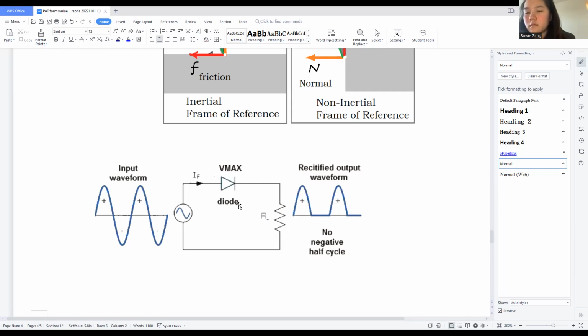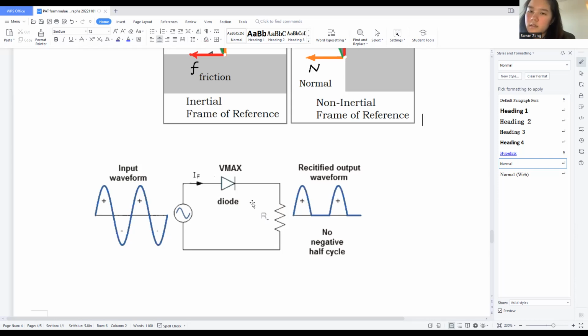Have you studied this in your ETA? No? Then just remember, this is electronics. A diode is a semiconductor device which can only allow the current to go in one direction. That's all. In DC current, we have no trouble because we know DC always goes from positive to negative, right?